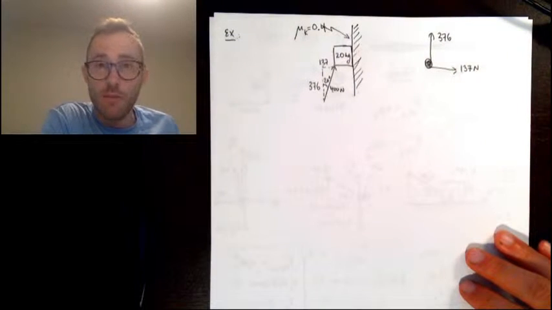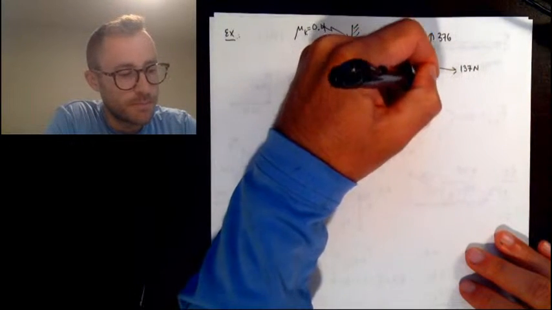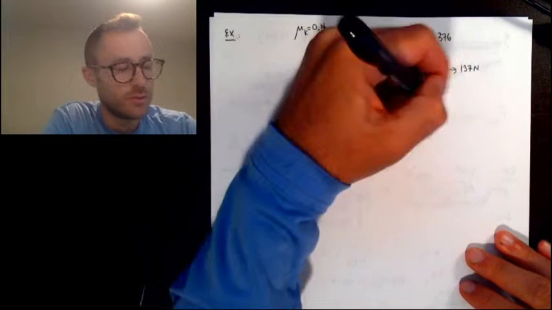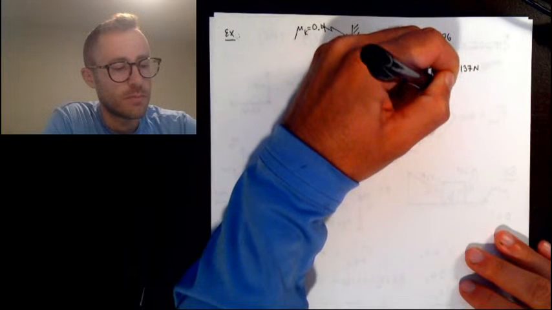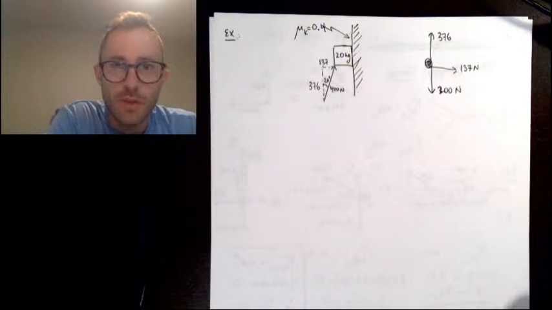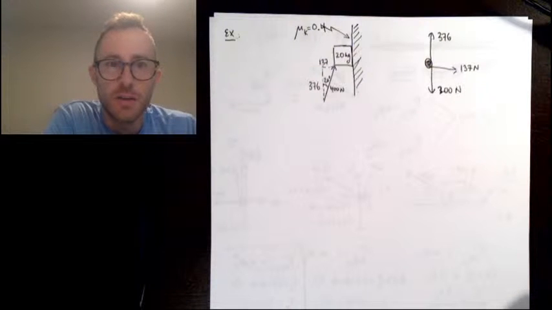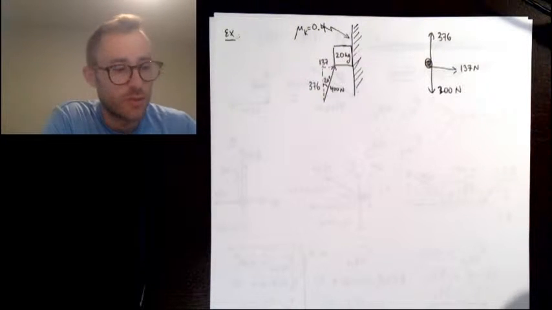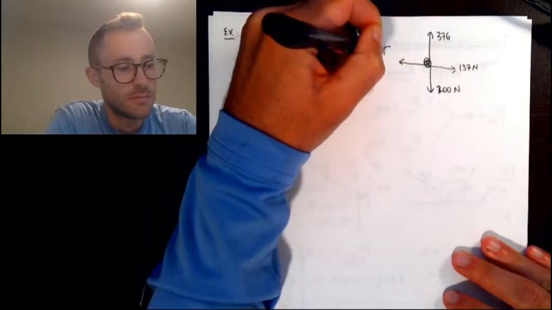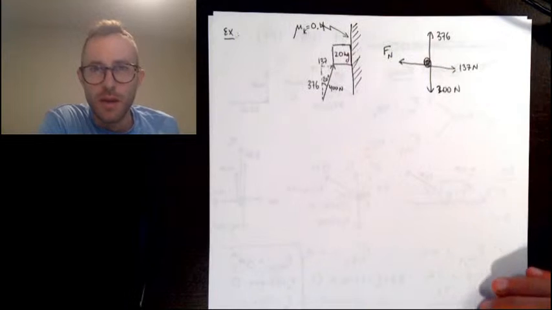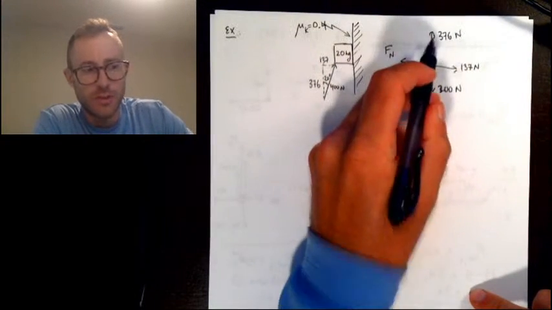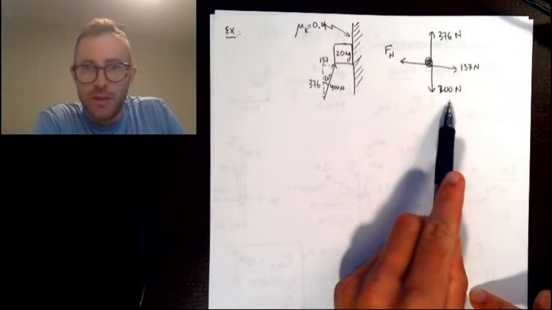We have a weight force going downward. The weight force is 200 newtons. Okay? The normal force, in this case, is going to point to the left. And as you can see, the 376 newtons is bigger than 200 newtons.